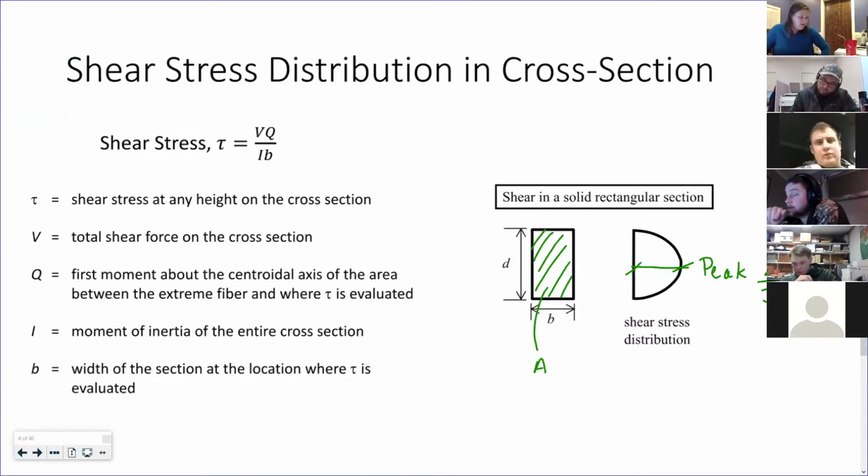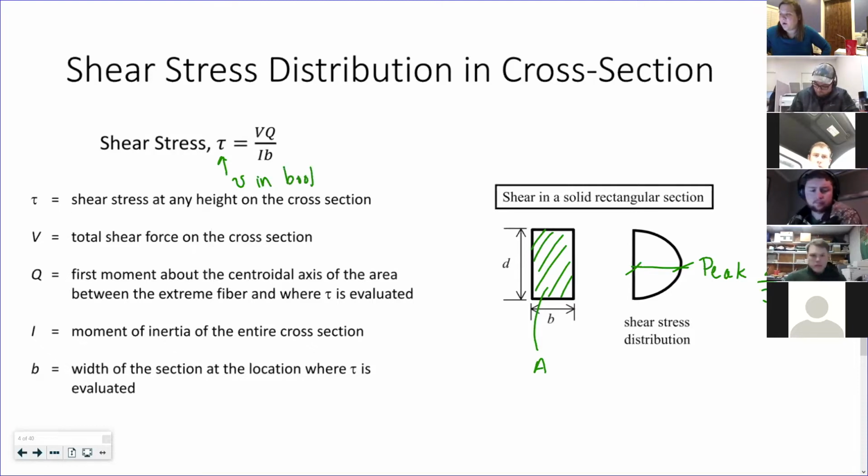And if you're using the book, I have a note here that this tau might be like a little cursive v or a nu, I don't know. But all this is just to remind us that the distribution is not uniform.